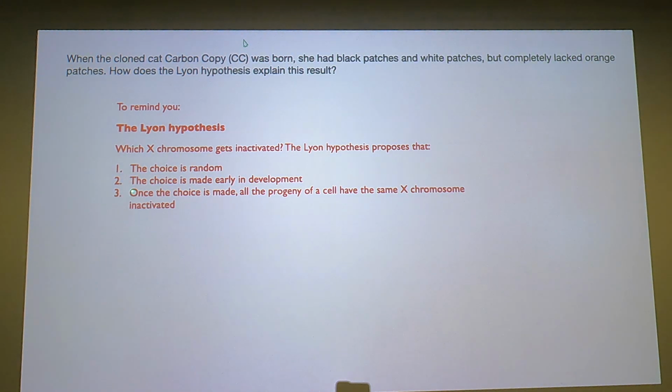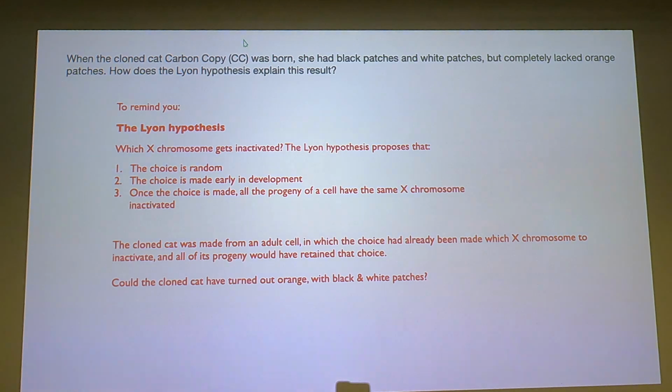And then also, this third point is also relevant because once the cell made that commitment, all of its daughter cells also had the same chromosome inactivated. So, that's our explanation. The clone cat was made from an adult cell, in which the choice had already been made, which its chromosome would inactivate, and all of its progeny would have retained that choice.